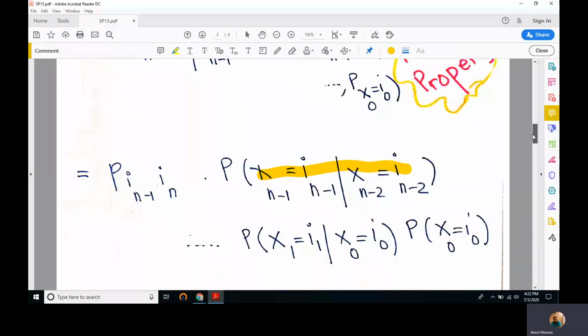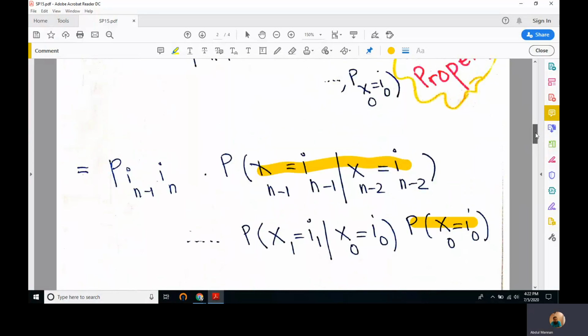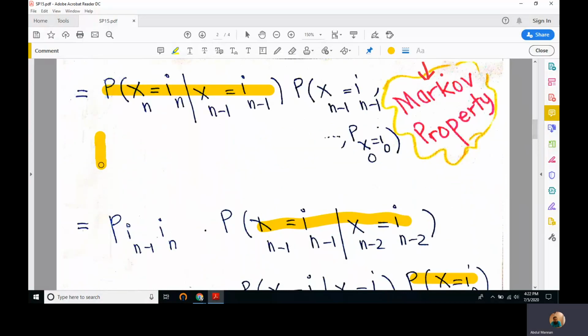It can be written in such a way that we keep on writing terms until we reach a point where the probability x1 equals i1 given x0 equals i0, and then finally we have this initial probability term. Right.